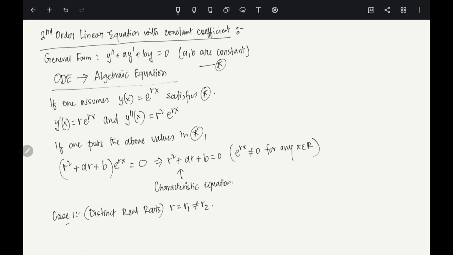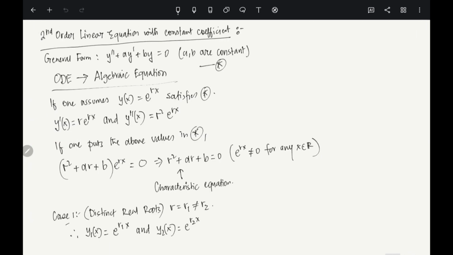In this case, what are the solutions? The first solution, y1 of x, you can write as e to the power r1 x, and another solution, y2 of x, is e to the power r2 x. Those are the two solutions you get out of this.